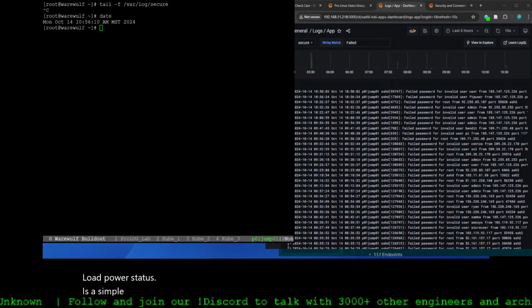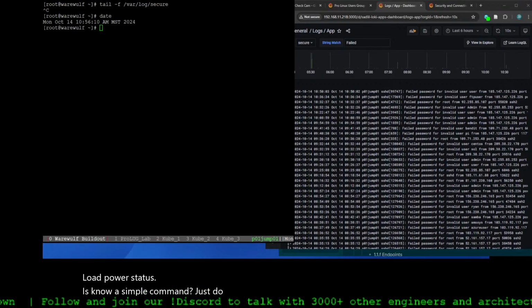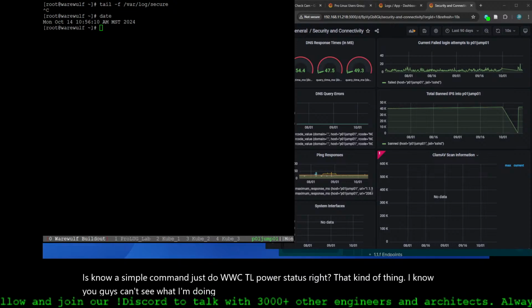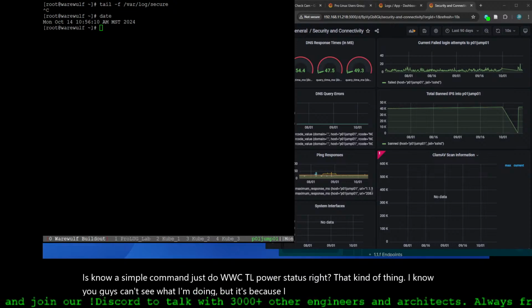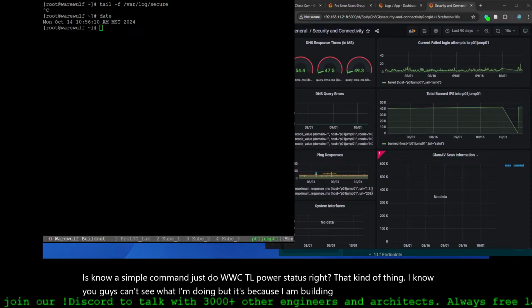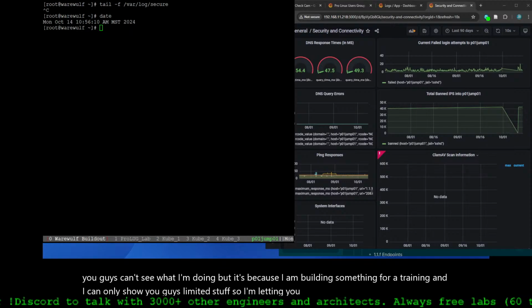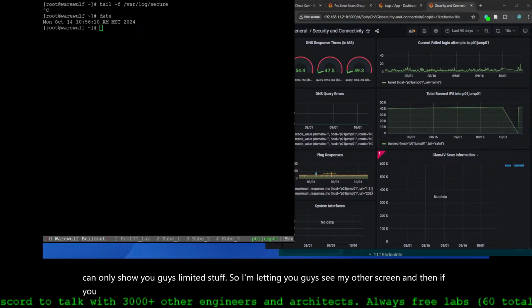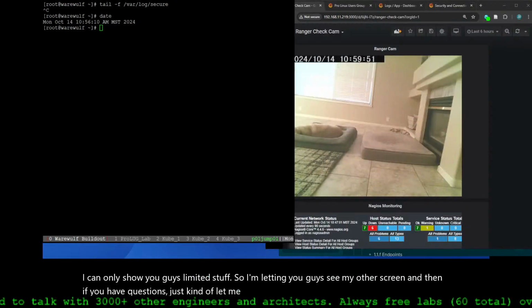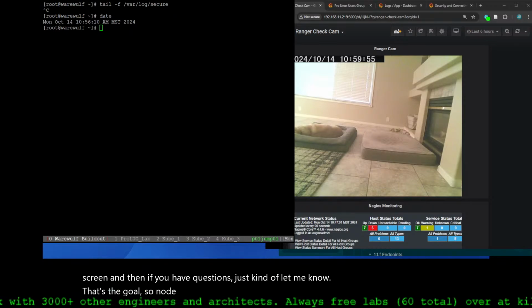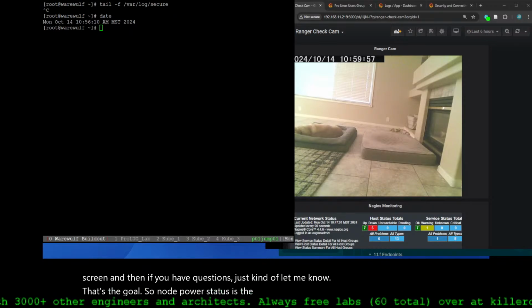You just do wwctl power status, right? That kind of thing. I know you guys can't see what I'm doing, but it's because I am building something for a training, and I can only show you guys limited stuff, so I'm letting you see my other screen, and then if you have questions, just let me know. That's the goal. So node power status: is the node on?